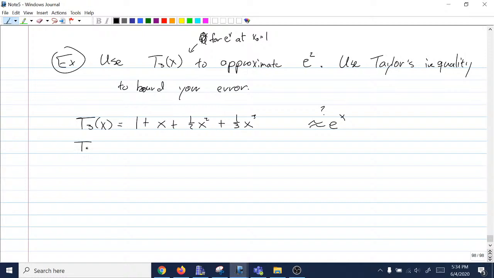Let's try T3 of 2. It is 1 plus 2 plus a half of 2 squared, which is half of 4, plus a third of 8. It's supposed to be an approximation of e to the 2. Let's work this number out. This is 2. 8/3 is 2 2/3. So I've got 2, 4, 6, 7 2/3.